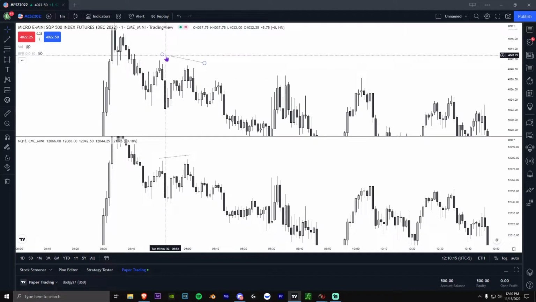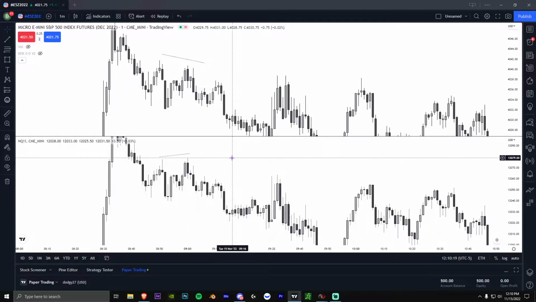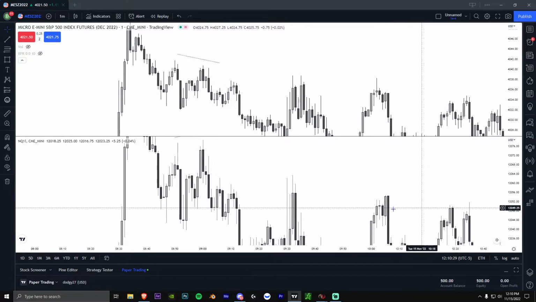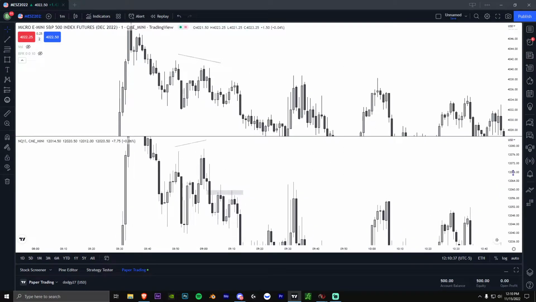Now that we have a lower high here, but a higher high here, maybe you look for a short right here, because obviously this is going to be weaker than this, and we already took the high right here. After you take out this high, you see we get a tiny fair value gap right here, and this is very, very tiny.